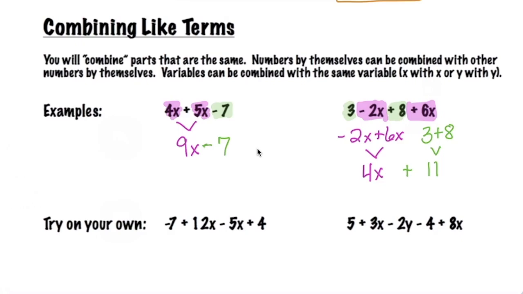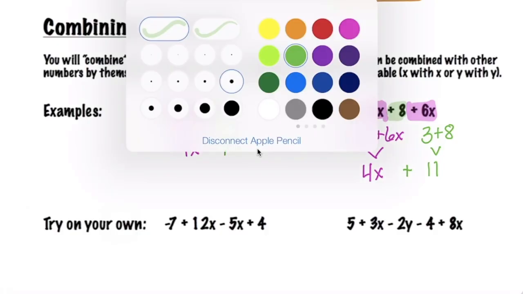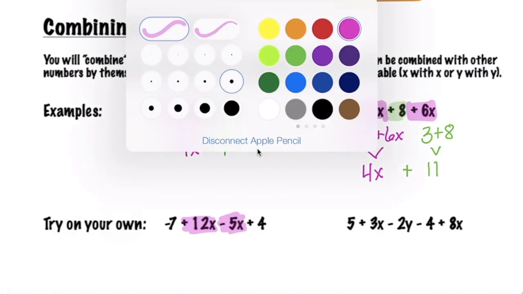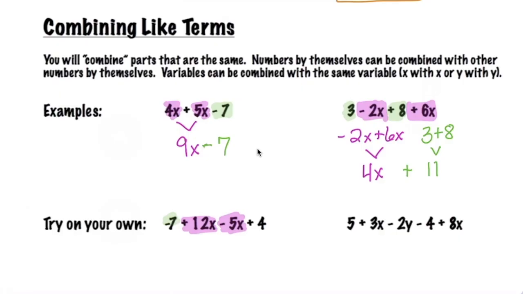Okay, I'm going to again highlight and color code as we go over this. So I have the plus 12x and I have the minus 5x as my two parts with my variable. And then for my numbers by themselves, I have a negative 7 and a plus 4. When I combine my parts with my variable, that's a positive 12x minus 5x.